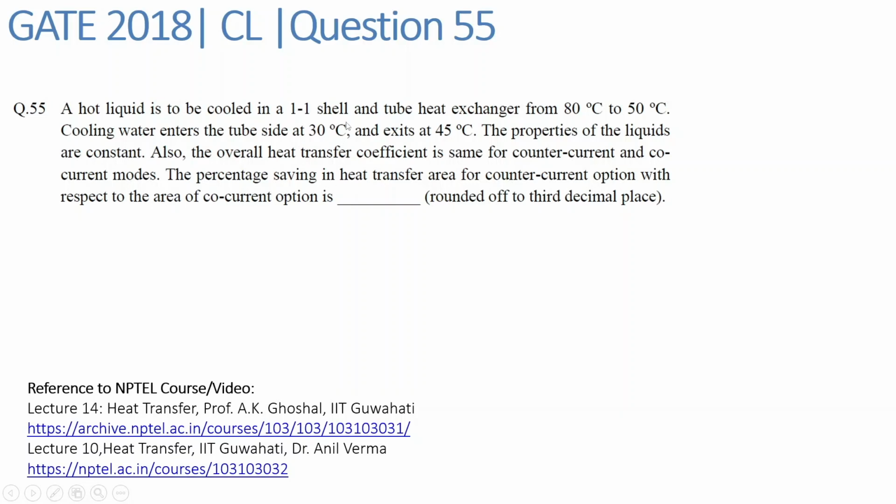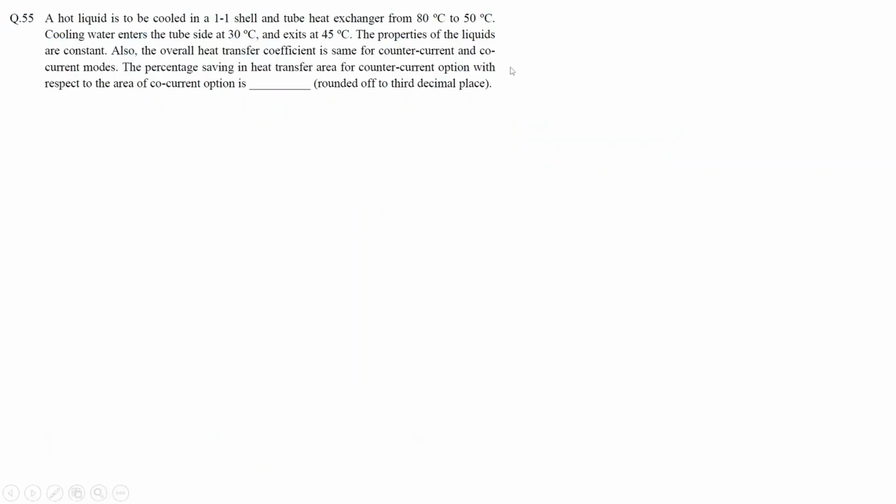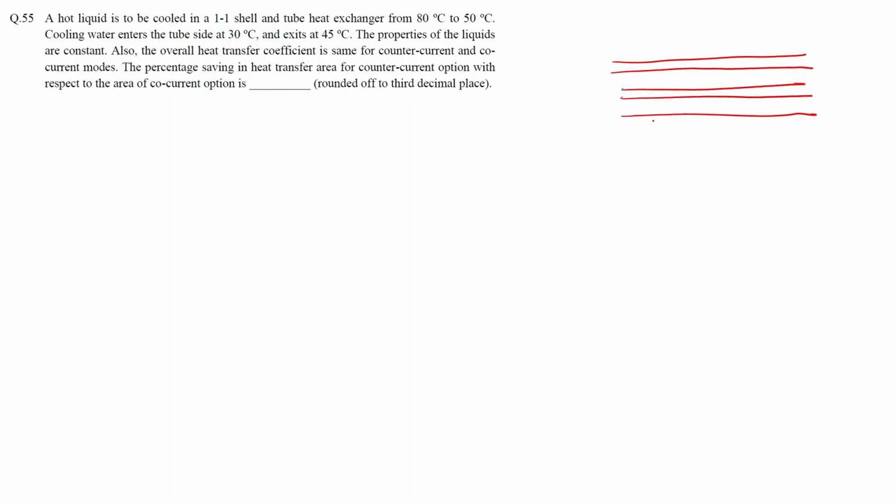So for the given shell and tube heat exchanger, we have been asked to compare the performance of the counter current as well as co-current mode. A general schematic of any shell and tube heat exchanger will be like this. Let's say we have multiple tubes.